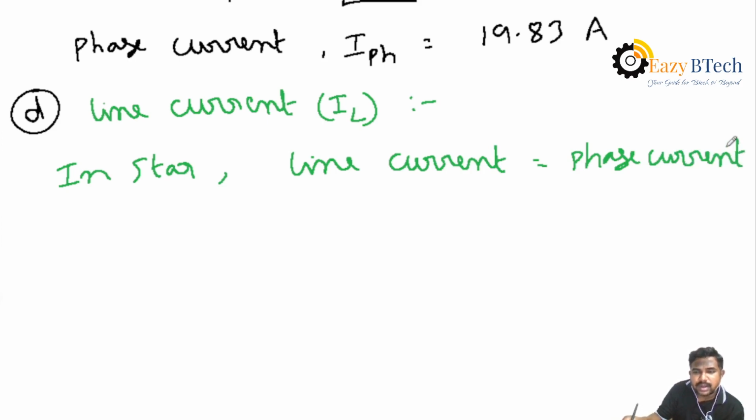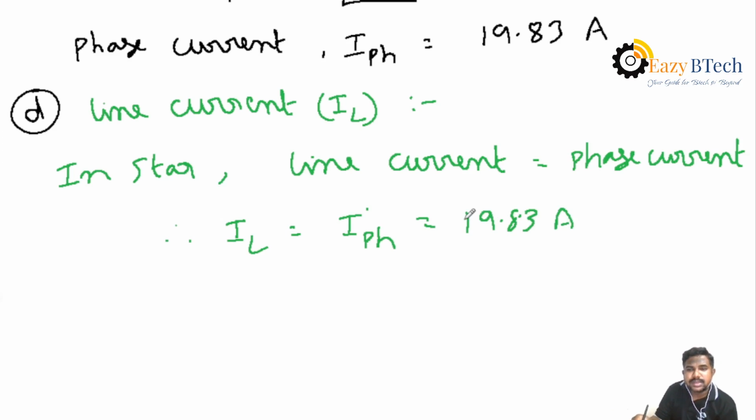That is, line current equal to the phase current. Therefore, IL equal to IPH. We know the value of phase current is 19.83 amperes, and the same value is the line current. Therefore, IL equal to IPH equal to 19.83 amperes. So that is the D bit.